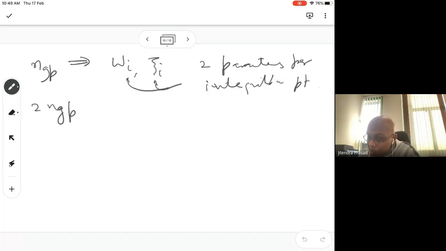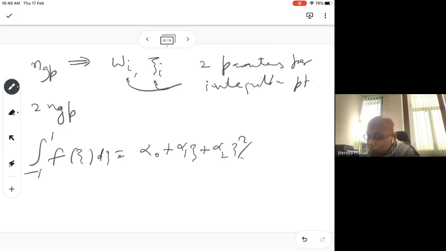You have a polynomial f, and if you integrate from -1 to 1 f of xi d xi, then you get alpha naught xi plus alpha 1 xi square over 2 plus alpha 2 xi cube over 3 and so on, up to alpha p xi to the p plus 1 over p plus 1, evaluated from -1 to 1.